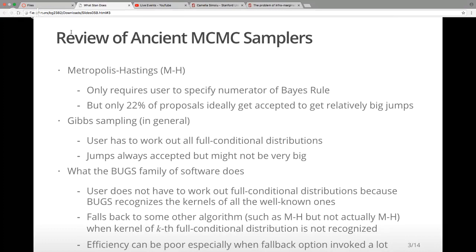And if you just have a few effective draws, you could just by chance overestimate or underestimate the true posterior expectation that you're going for really easily.